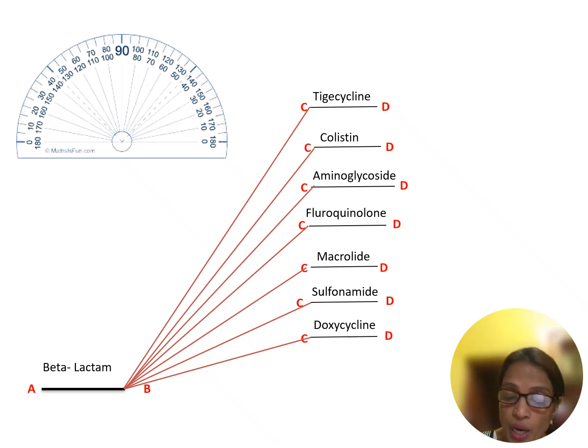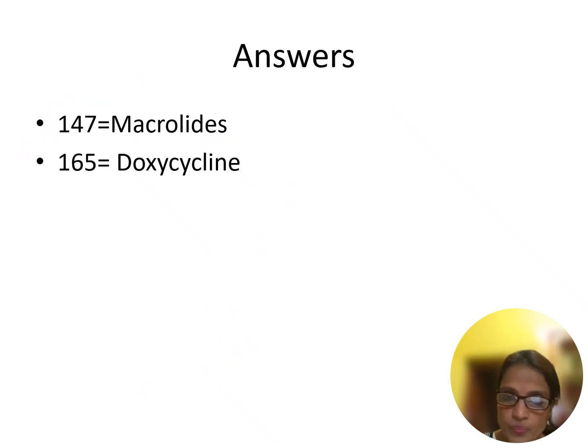So you have to always use 2 antimicrobials to cover the pathogens causing bacterial infections of the lower respiratory tract, especially of the community acquired origin. So 147 is macrolide and the angle 165 corresponds to doxycycline. So that's how you're going to solve the puzzle.